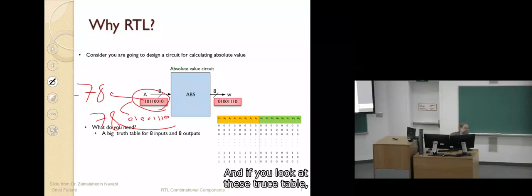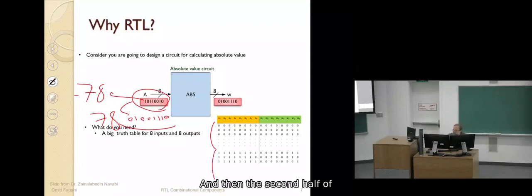If you look at this truth table, in the first half, where A7 is 0, the output is exactly the same because it is positive. Then in the second half of the table, where A7 is 1, the output is something else.